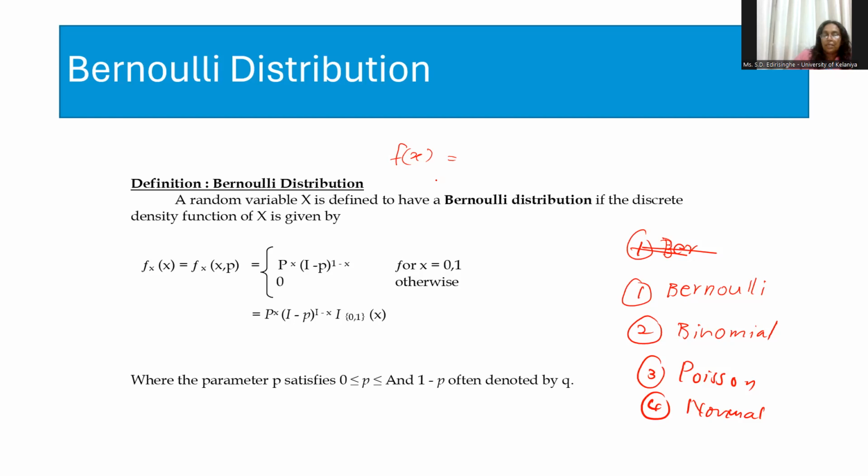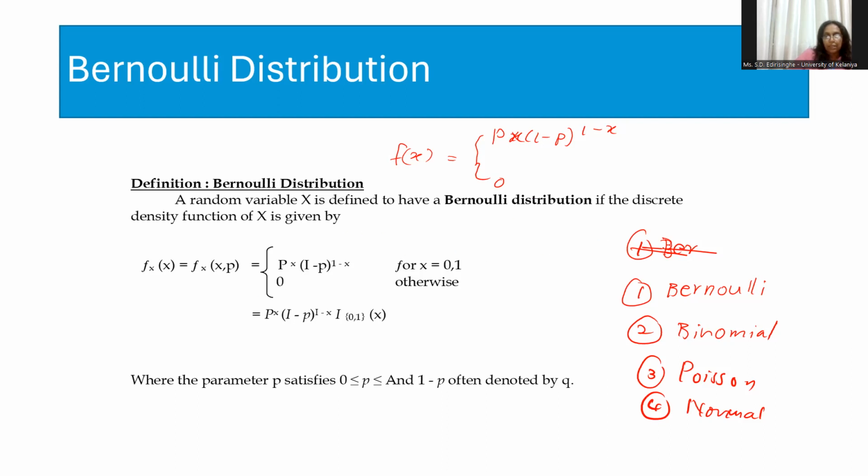X is there, because we consider a random variable X. That's why f(x) starting from 0 to p^x (1 minus p)^(1 minus x). Right?